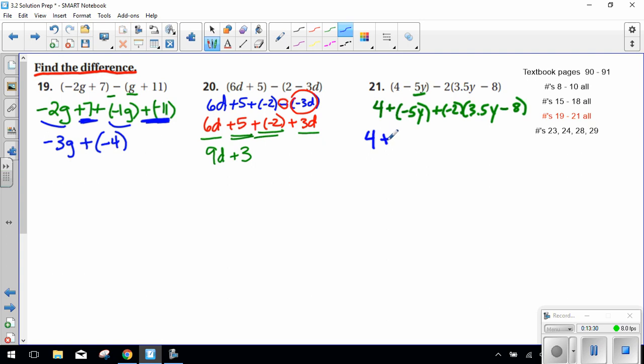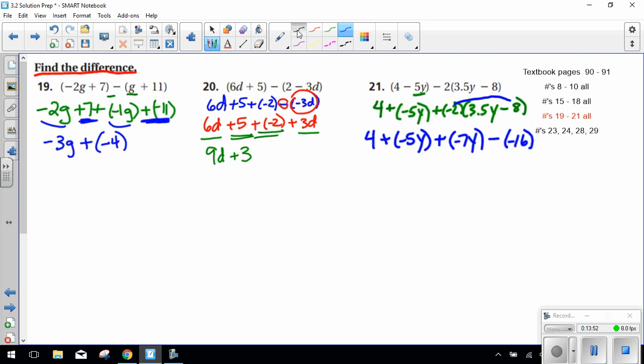So 4 plus negative 5y plus, in your calculator, negative 2 times 3.5 will get you negative 7y. This minus sign, bring it down. Negative 2 times 8 is negative 16.